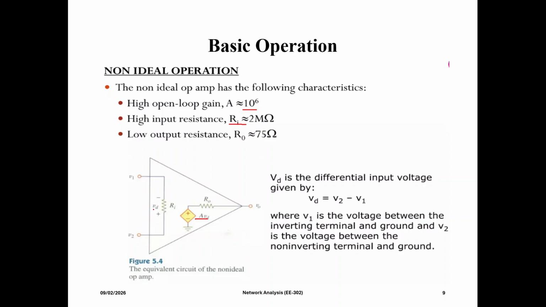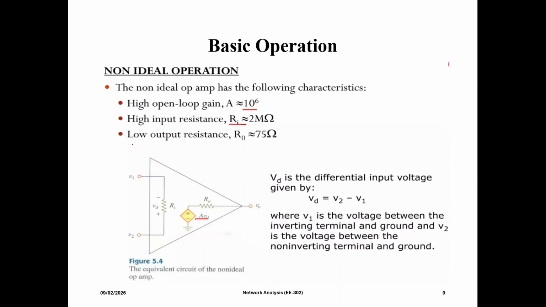So this means the operational amplifier draws very little current from the input source, and in network terms it behaves almost like an open circuit at the input. Okay, which is why in the ideal model we assume infinite input resistance, R input is approximately equal to infinity for the ideal case.